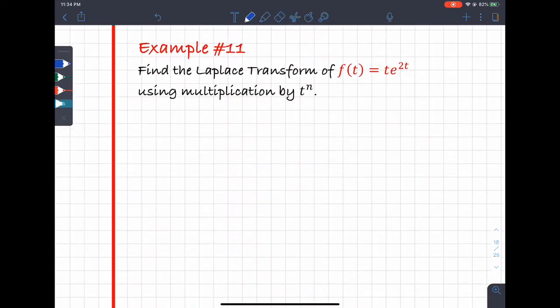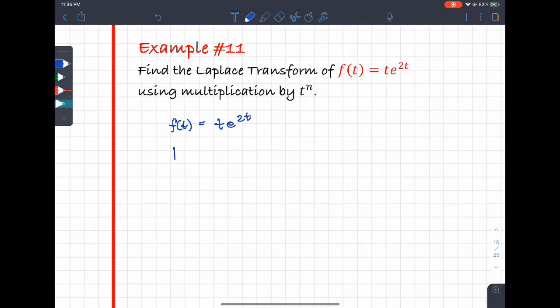Another example. This time we will be using the multiplication by t raised to n formula, although it is still possible to solve this one using the shifting theorem, which I guess is easier. But just to use the formula, our f of t is t e raised to 2t.